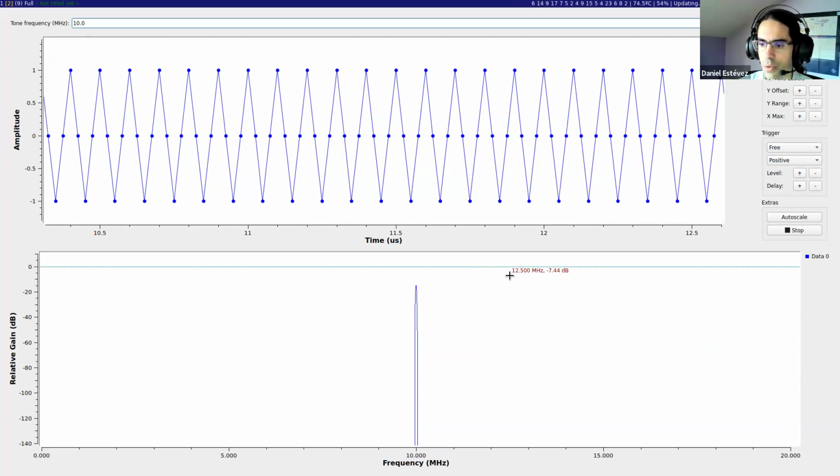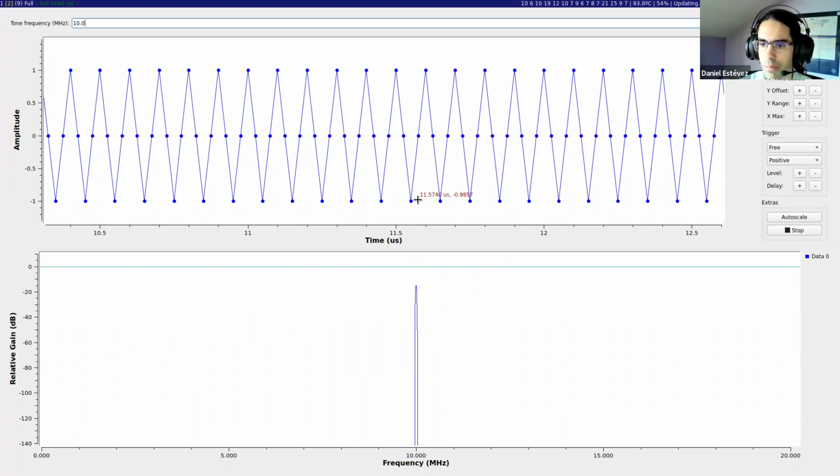What it does is to move the frequency of the signal. If we want to sample this signal with a lower sampling frequency, we cannot, but we can shift the frequency of the signal to a lower frequency, and then we will be able to sample it. So how can we move the frequency of this signal or of any other signal?